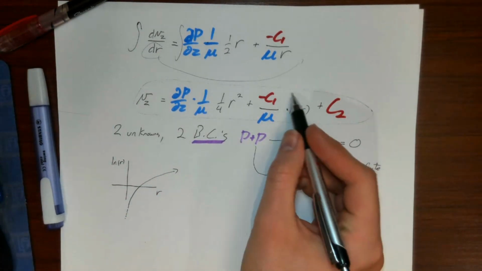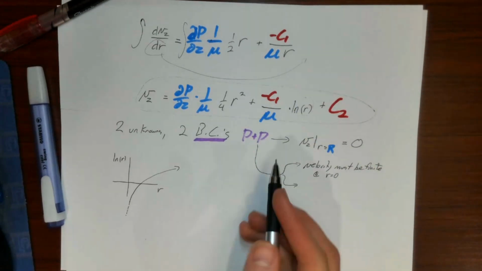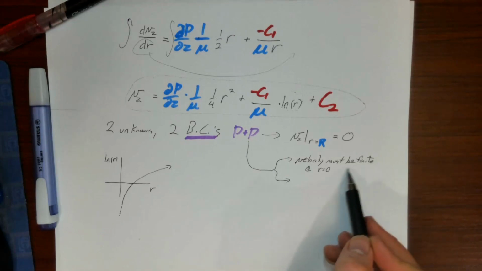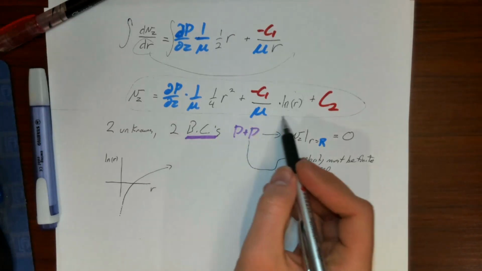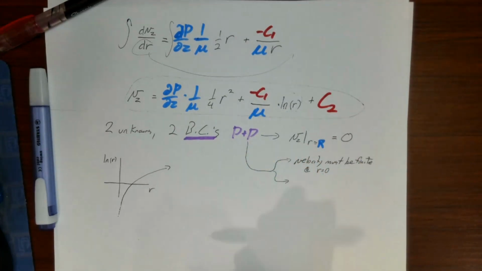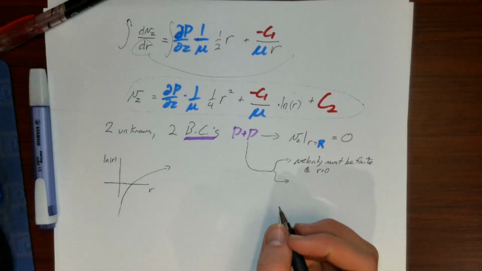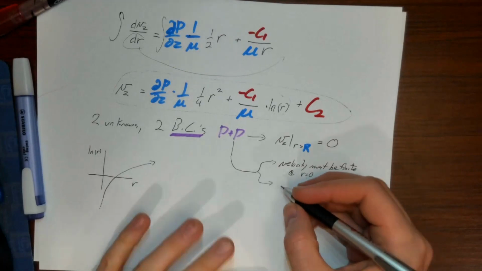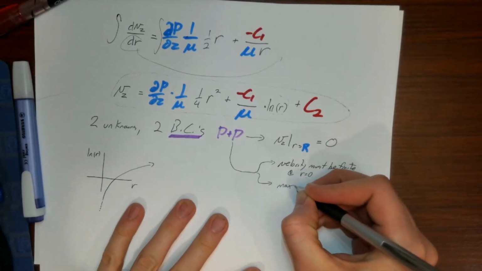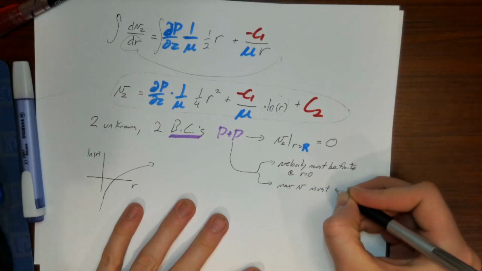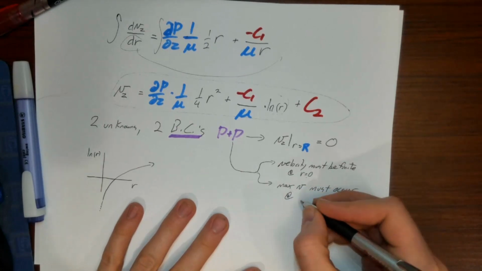So what does this mean? The idea that velocity must be finite at r equals 0 gives us information about what happens here. An alternative to this reasoning that is potentially equally useful is that we know the max velocity must occur at the center line.